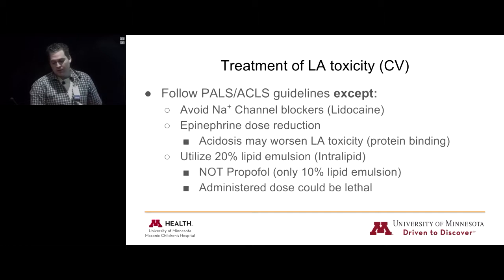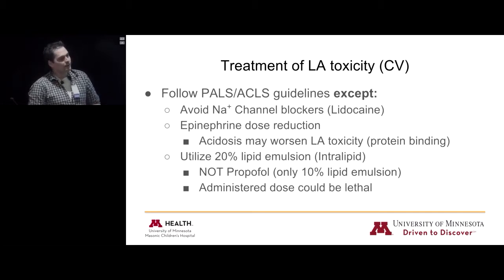How do we treat the cardiovascular effects? We typically follow the PALS and ACLS guidelines, but there are a few important exceptions. First of all, do not use anything that is a sodium channel blocker, because that's exactly the effect that we're seeing. That's the toxicity we're treating, so no lidocaine or anything like that. Epinephrine may be used, however, it should be used in dose reductions.